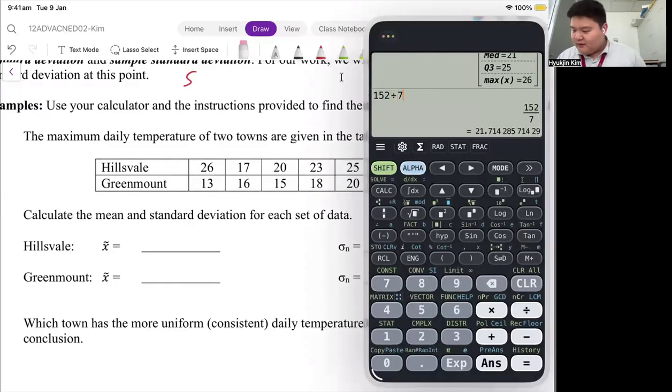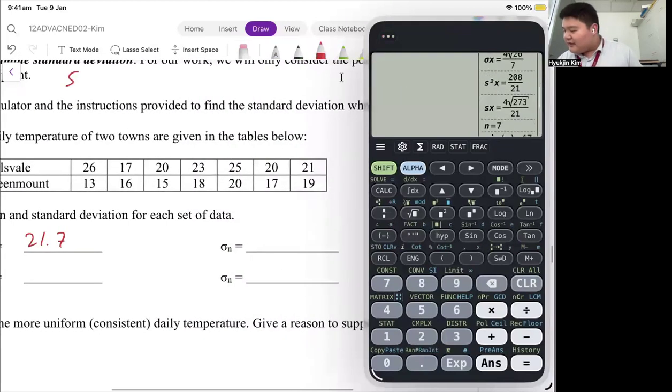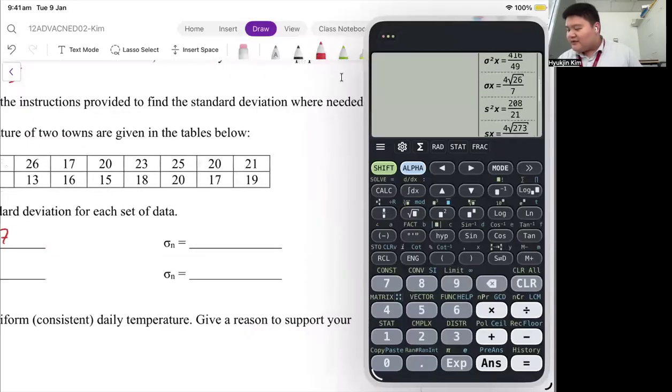Yeah, 21.7, something like that. And standard deviation is 4 root 26 on 7, which is 2.9 something.